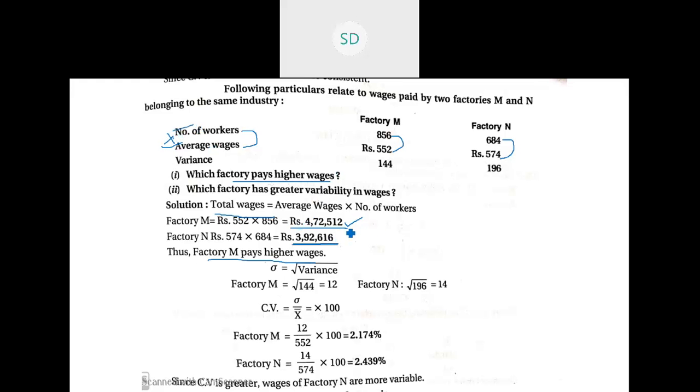So we got 4,72,512 for factory M and 3,92,616 for factory N. Factory M has the highest number, which means factory M is paying higher wages. Did you all understand until here?